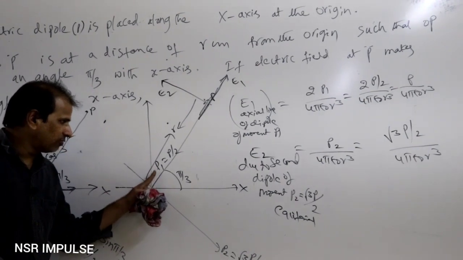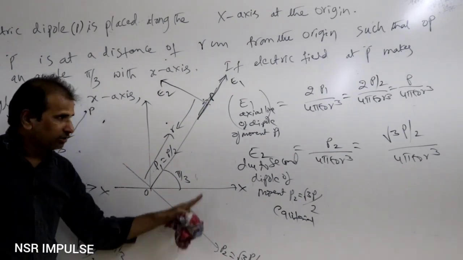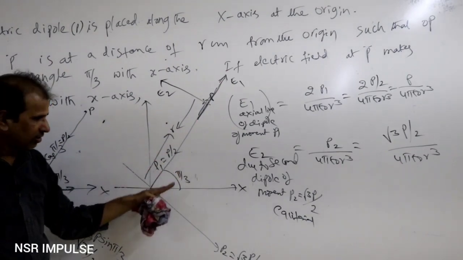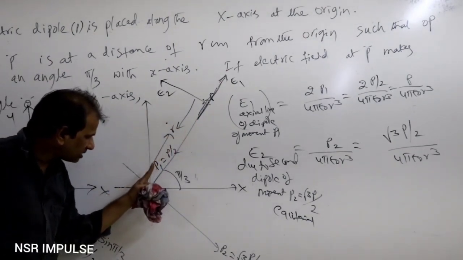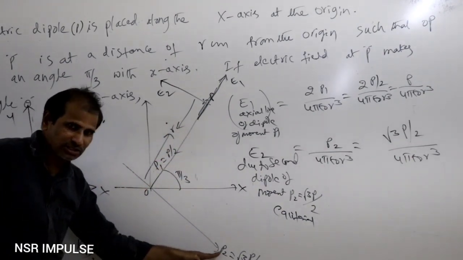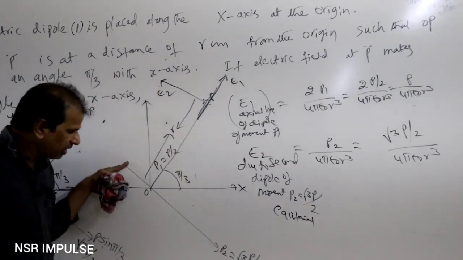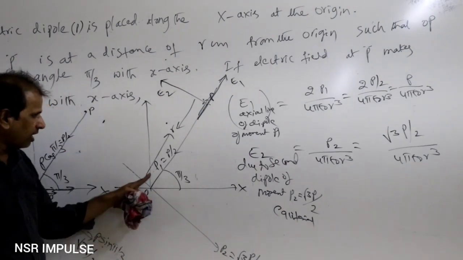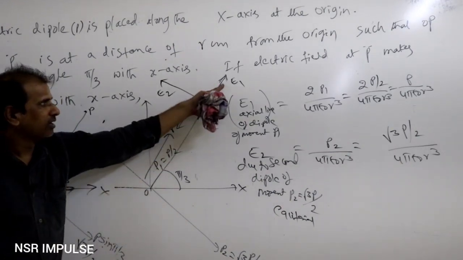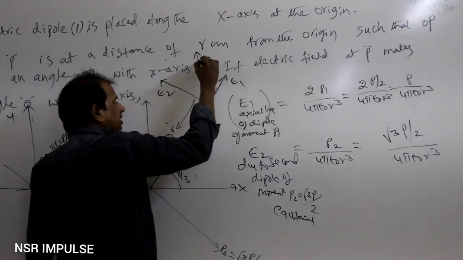For this dipole P1, this line becomes axial line, and for this dipole, the same line becomes equatorial line. On the equatorial line, the direction of the field will be opposite to dipole moment. And on the axial line, the direction of the field will be in the direction of the dipole moment. So this is E1 and E2 and this is the resultant field.